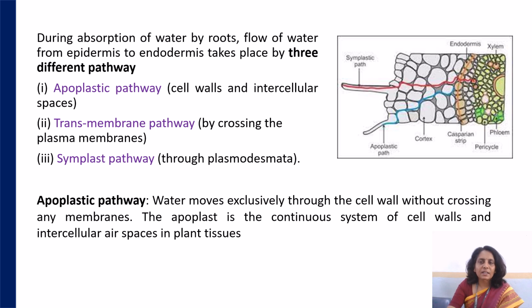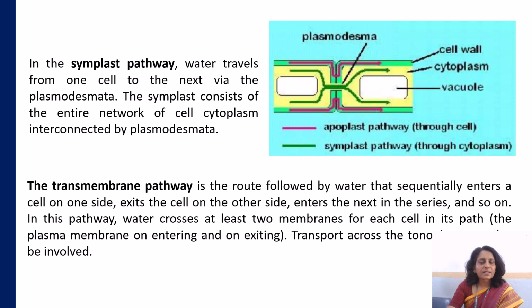The apoplast is a continuous system of cell walls and intercellular air spaces in plant tissues. In the symplast pathway, water travels from one cell to the next through the plasmodesmata. The symplast comprises an entire network of cell cytoplasm interconnected by plasmodesmata.